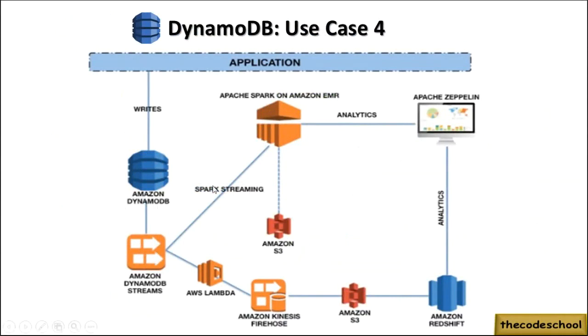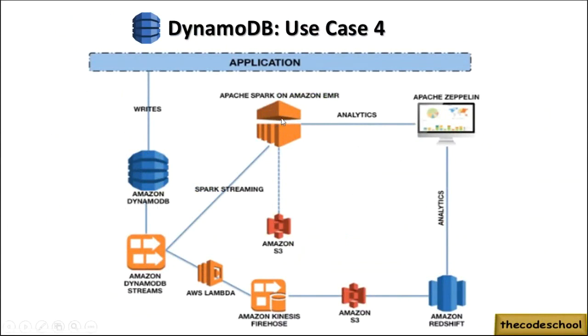redirected via Spark stream, and a Spark stream can further process that data towards the Amazon EMR basically. So Amazon EMR is going to apply some MapReduce function over it. Amazon EMR is basically for Elastic MapReduce.